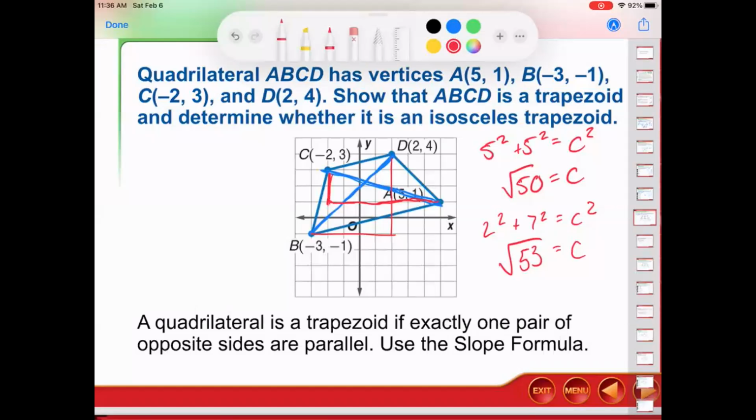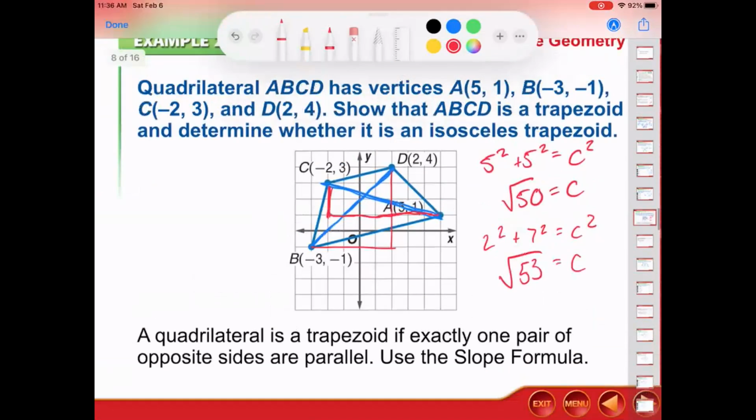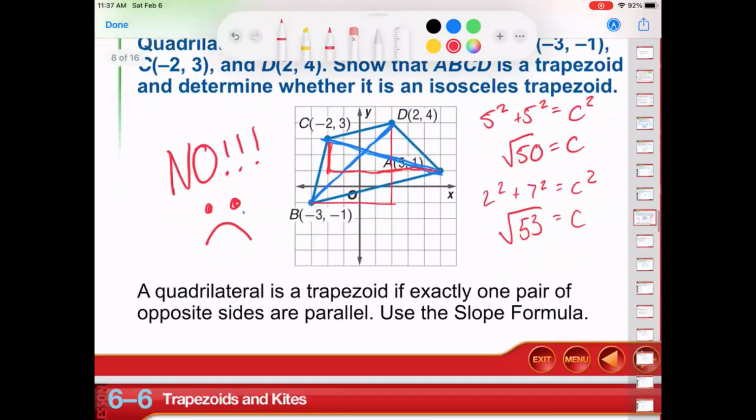Now, if we go back to the presentation, there it is. We would say, no, exclamation point, exclamation point, exclamation point, frowny face, maybe even a tear for good measure, because we are not happy that this is not an isosceles trapezoid.